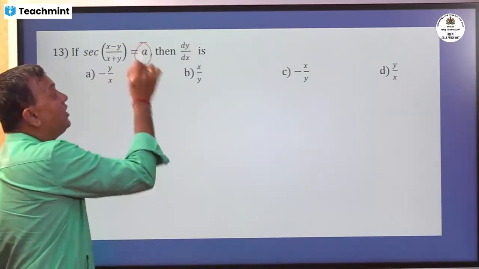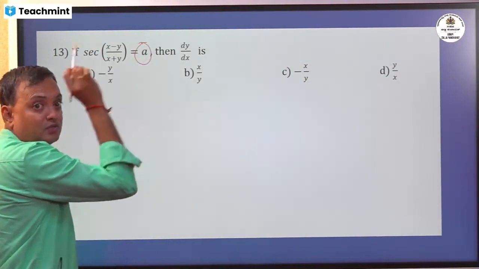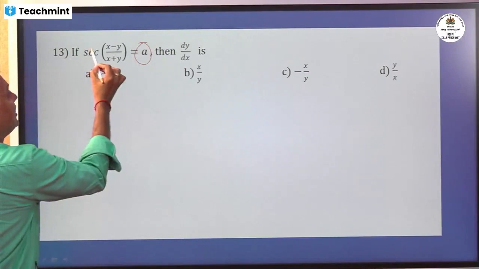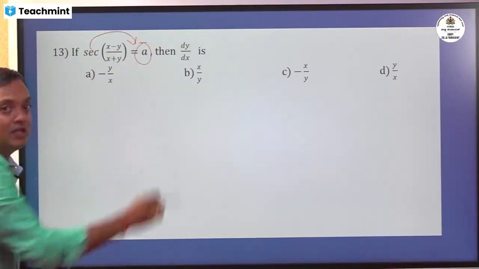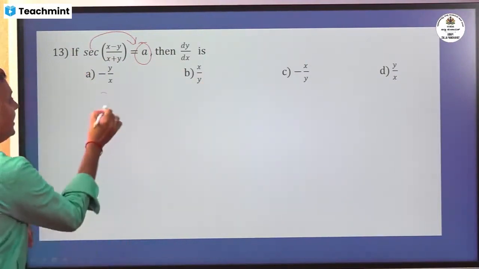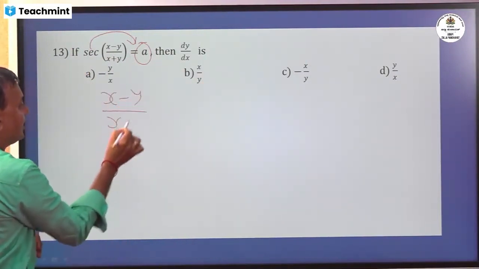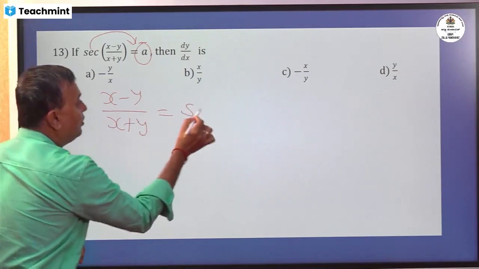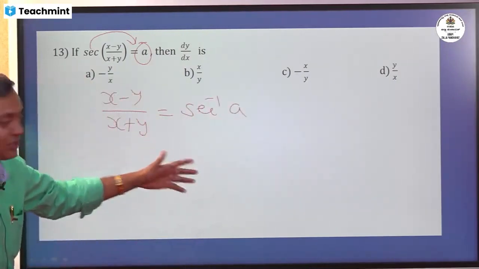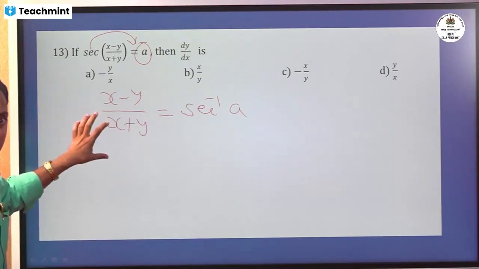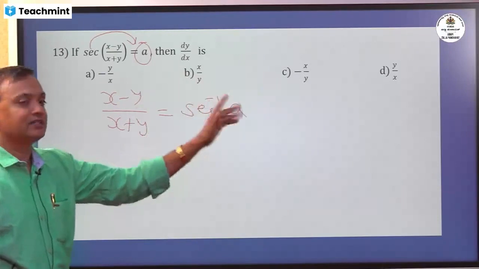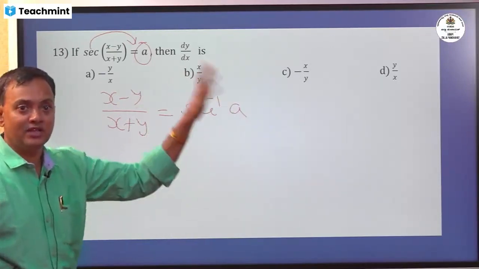So the derivative of a is zero. So before differentiation, use the definition of inverse function, write secant to the other side. Then (x minus y) by (x plus y) is equal to secant inverse a. Then go for differentiation. For the left hand side, which rule? Quotient rule, and the right hand side a is constant, derivative is 0.